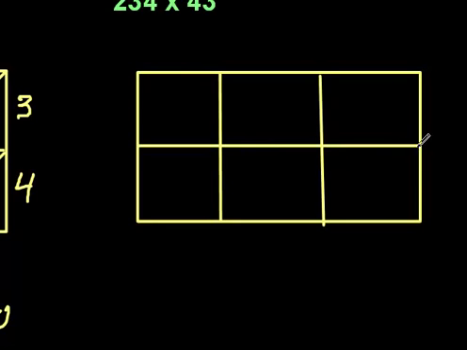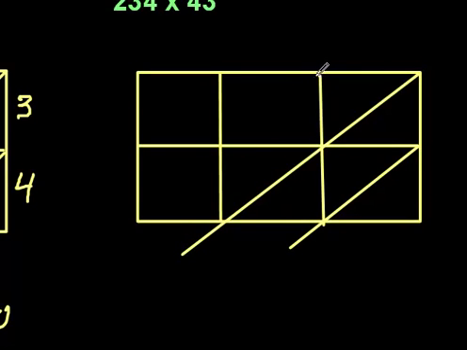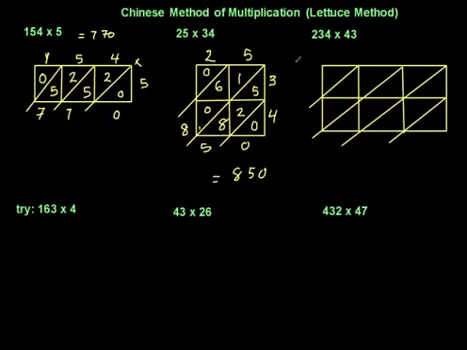Now let's draw diagonals. I will say that once you start drawing these squares and diagonals, this method is fairly quick for working out questions, because you are not going into any bigger numbers.